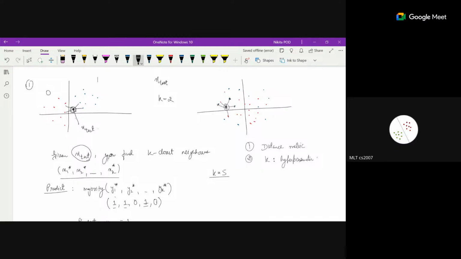K is something that you will figure out using the cross validation technique, and based on that you will decide K and find the label. This is something you're passing into the algorithm, by using the cross validation technique.